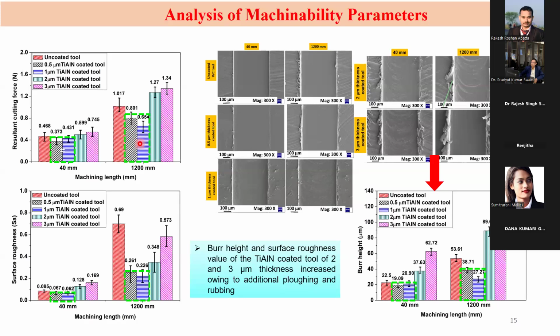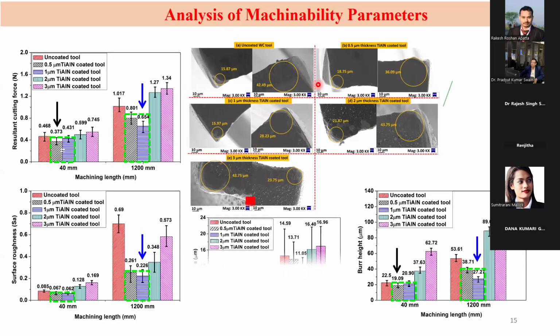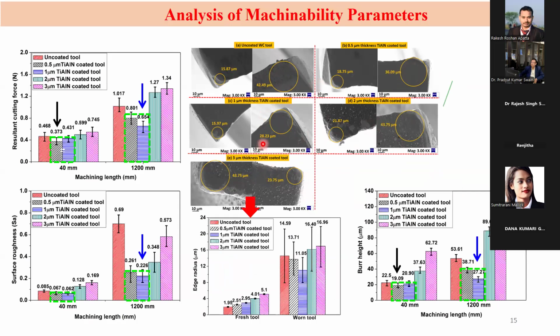Then we see why these things are happening. Then we analyzed the edge radius of the worn tool. When you see the edge radius of the worn tool, we see that the least edge radius after a long machining length is for the 1 micron coating. From this it is clear that for the 2 and 3 micron, due to higher coating thickness, the size effect is there.